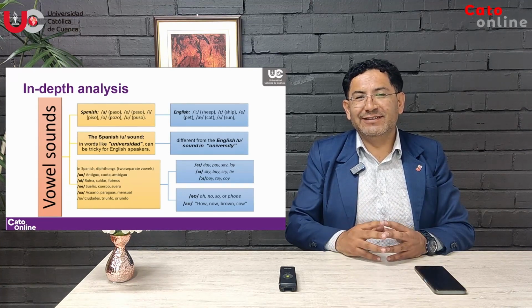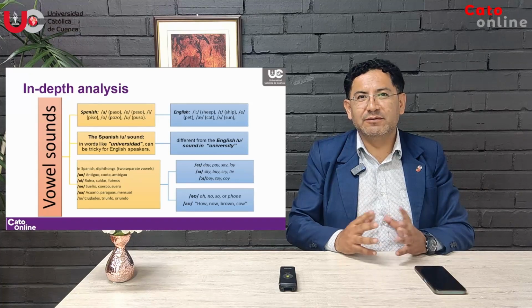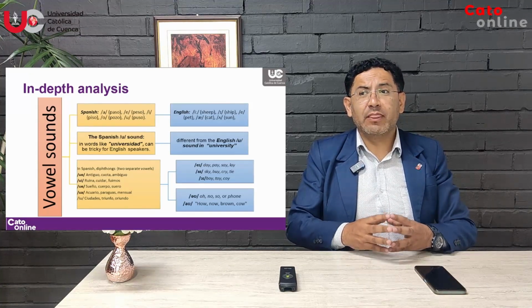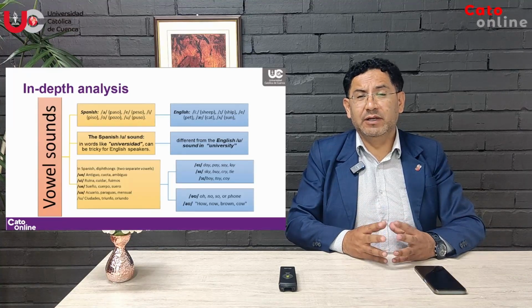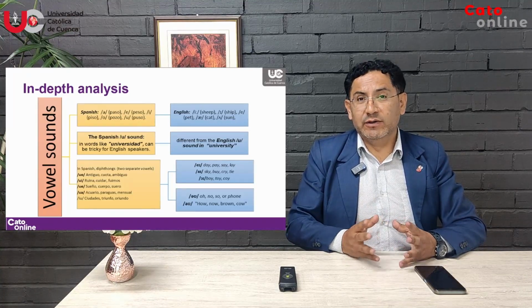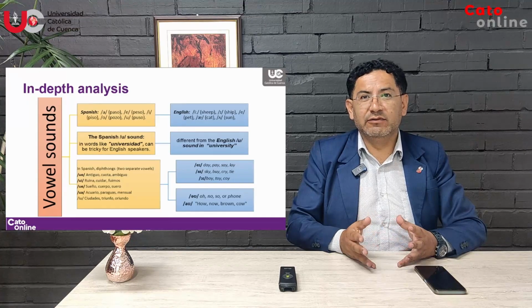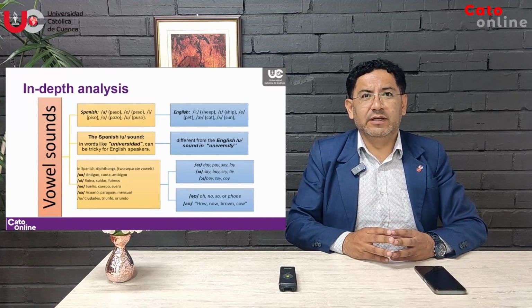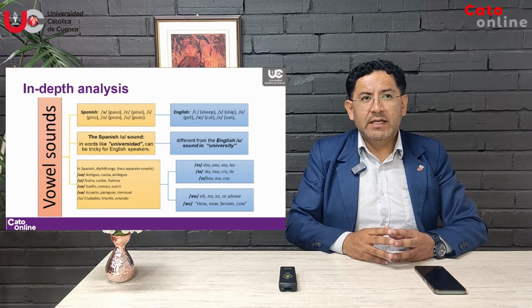Okay, it is a tricky sound. No? We have to master, we have to practice, and we have to know about this kind of letters, words, university, uniform. Okay, be careful with English U.